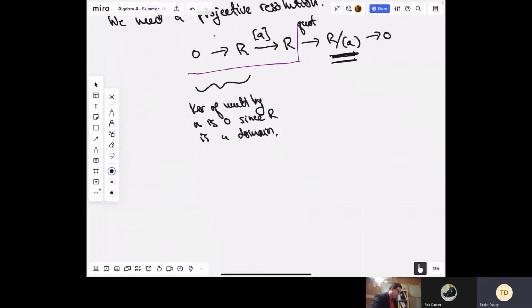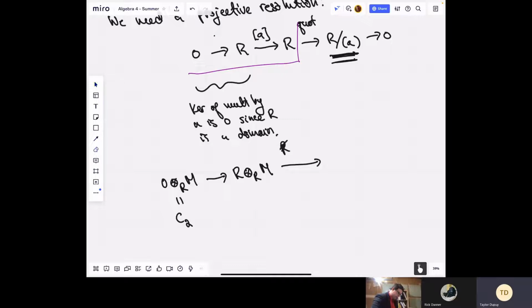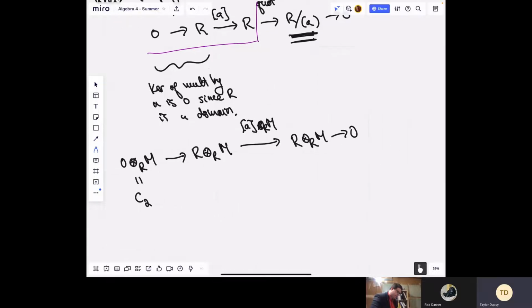All right, and so now let's apply the tensor product to this thing. Okay, so we have 0 tensor over R with M. So this is like the C2 part of our complex. So now I'm using homological notation. So this is R tensor with R over M. Okay, and so this map here is multiplication by A tensor with R over M. This is R tensor with R over M, and then we have the 0 part of the complex.